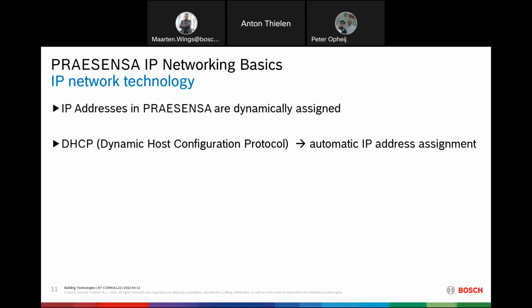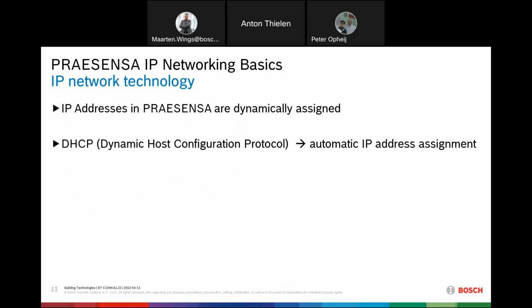IP addresses in PRAESENSA are dynamically assigned. That means we do not, at least not yet, have a fixed IP assignment. That will come in the near future. But dynamic assignment also has advantages.